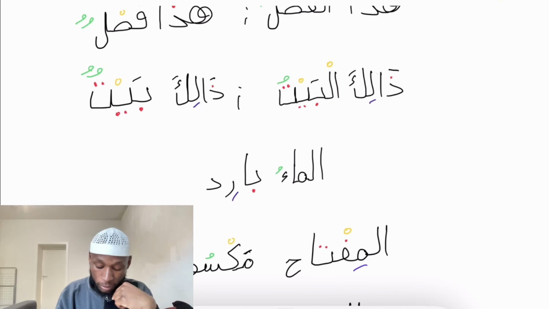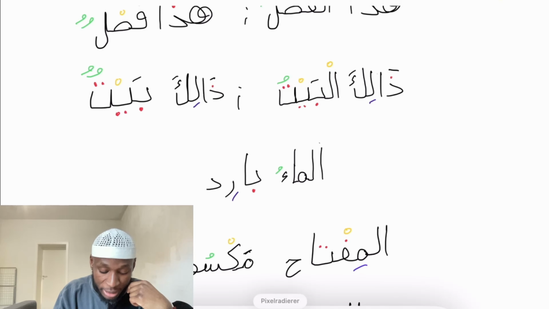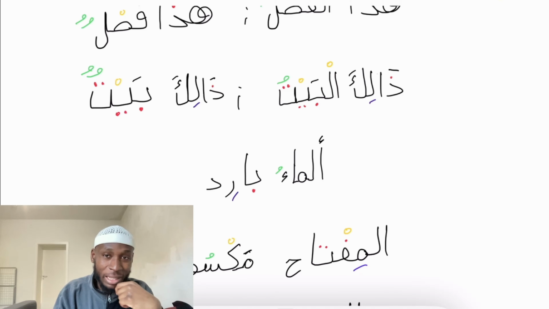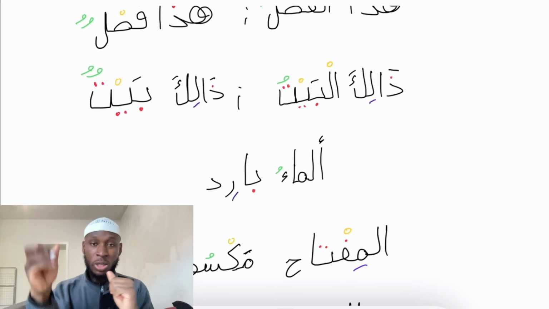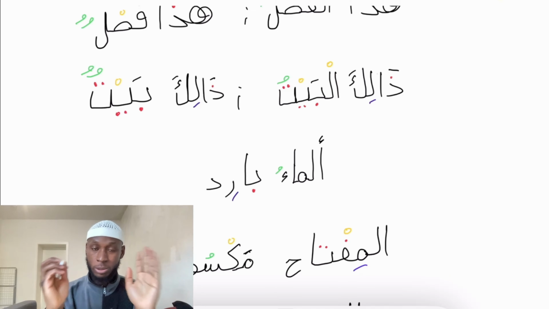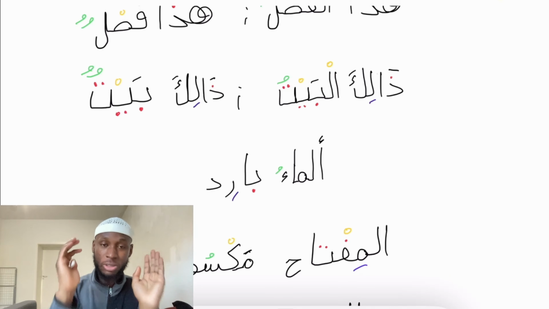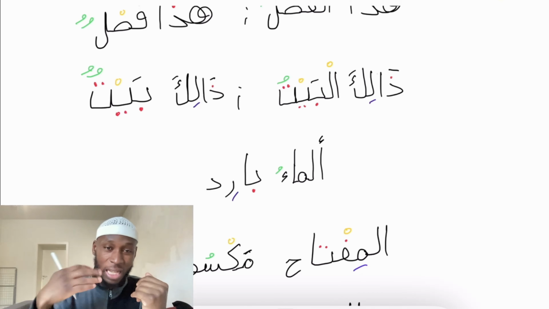To show that we pronounce it, we just put a fatha. We don't put a hamza, because it's not a hamzatul qat'. To differentiate the two of them, for hamzatul qat' we write the hamza to say, look, every time you see this hamza, it's hamzatul qat', because hamzatul qat' you have to pronounce every time.